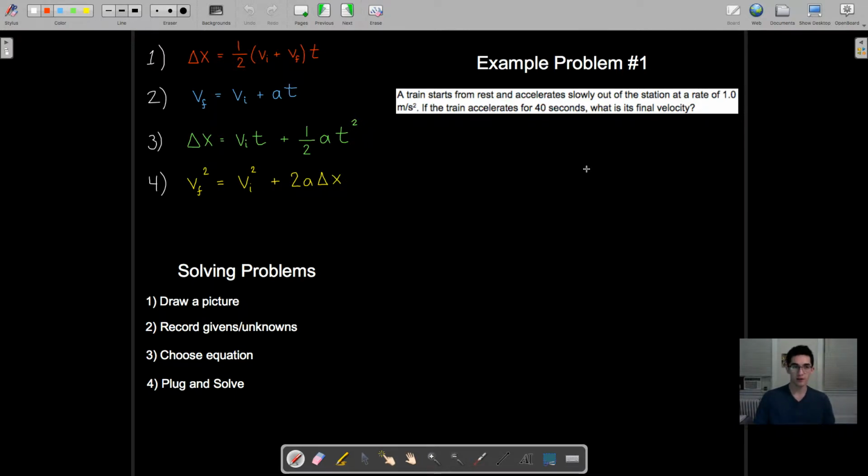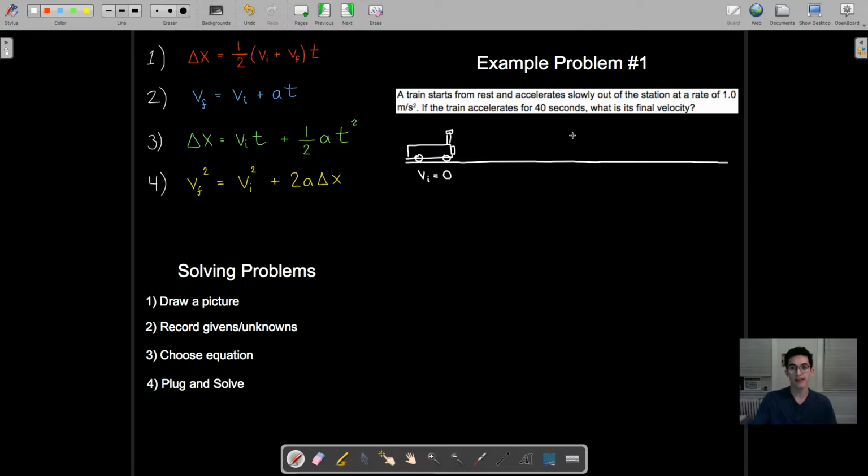Okay, so let's start with step one. Let's draw a little picture here. Now I'm going to record everything I know in this picture. I'm going to draw a little train to start because we got a train. And it's starting from rest. It's starting from rest, so I know that its initial velocity is 0, okay? We're starting from rest here.